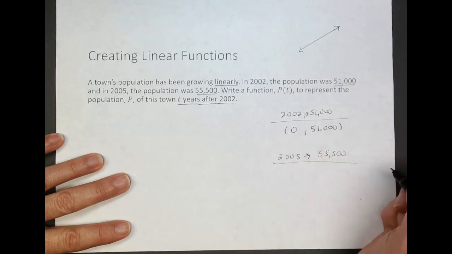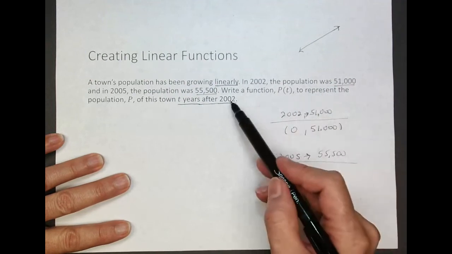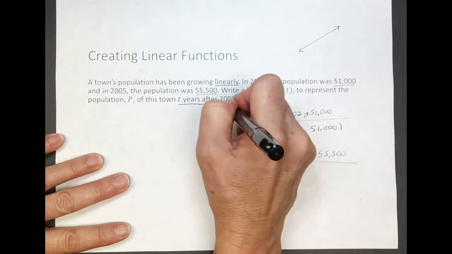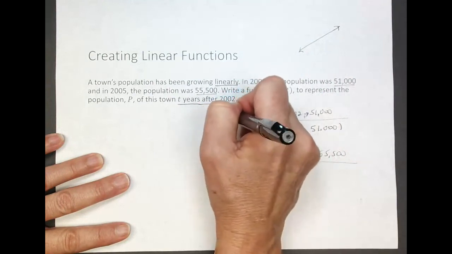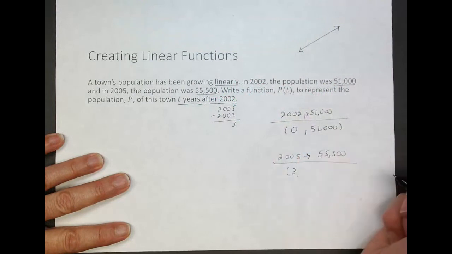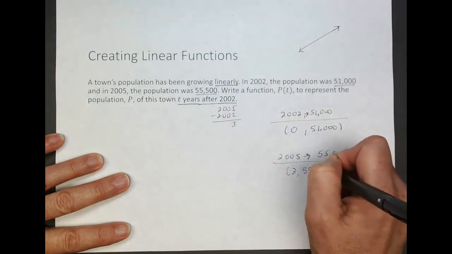Okay. So I might be able to write a second ordered pair here. 2005 is how many years after 2002? It's 3 years, right? 2005 minus 2002 is 3. So a second ordered pair might be 3 and then 55,500.